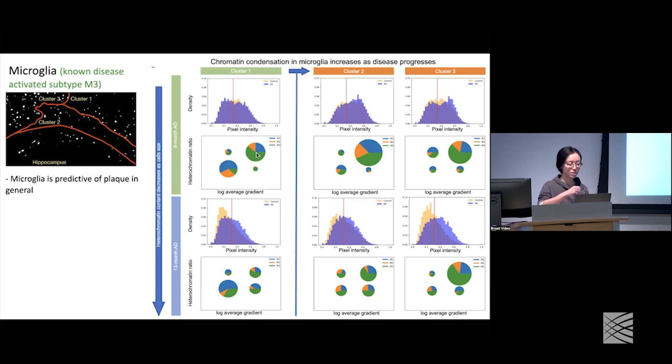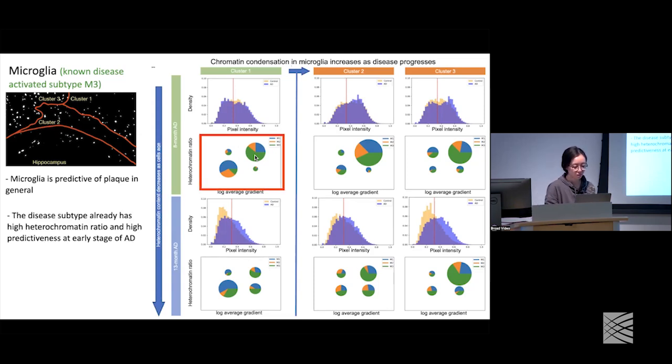And if we further look at the subtypes of that cell that are predictive of plaque and have high heterochromatin, the green one is a subtype of the microglia that's known as the disease-activated subtype. So this is consistent with what we know about Alzheimer's disease, that the microglia has an early onset, and this early onset is manifested in this disease-activated subtype.